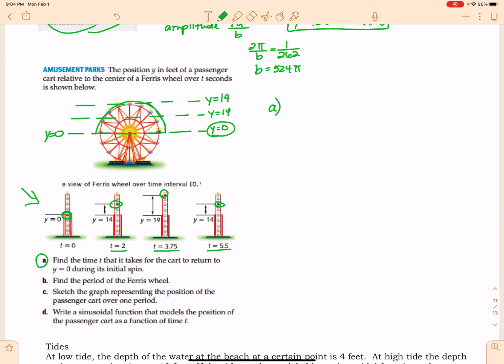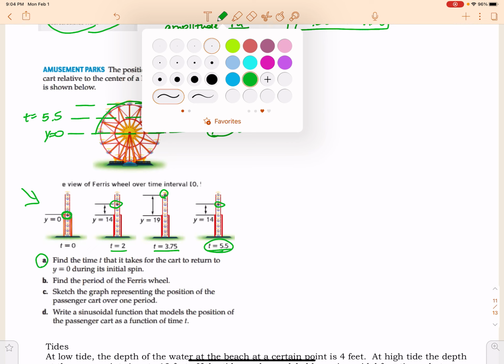Well, at y equals 0, t equals 0. At y equals 14, t equals 2. At y equals 19, t equals 3.75. Then as it makes its way back down to y equals 14, the time that has passed is 5.5. So that means I need to know what this time is right here.